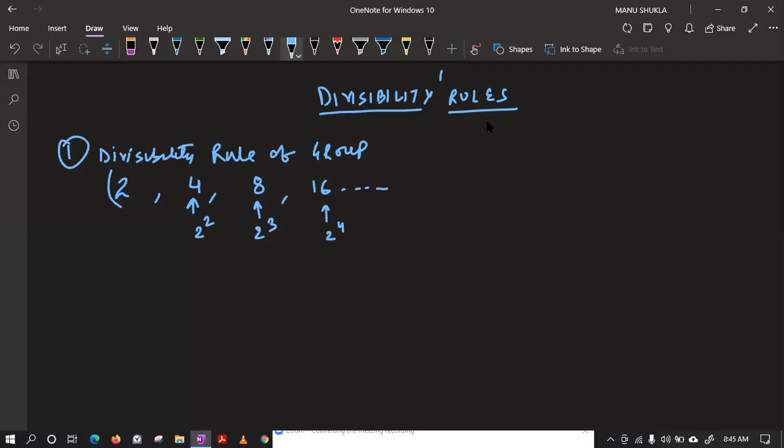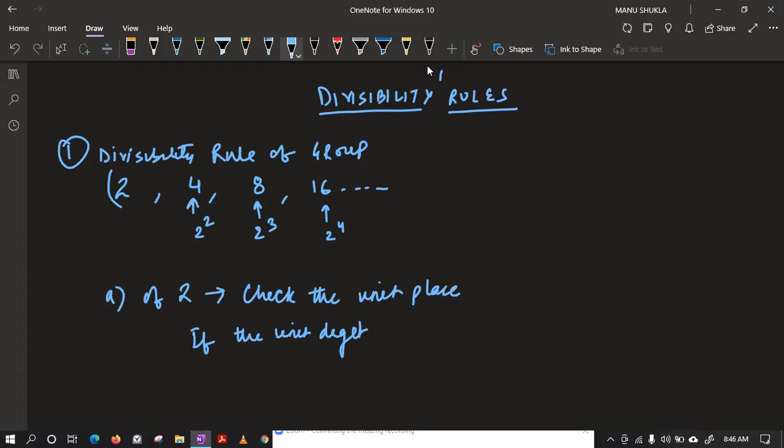The divisibility rule of 2: we all know we just have to check the unit place. If the unit digit, the ones place, is an even number, then the number is divisible by 2 for sure.